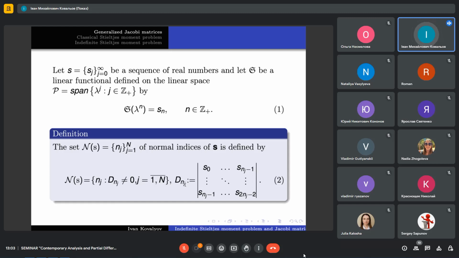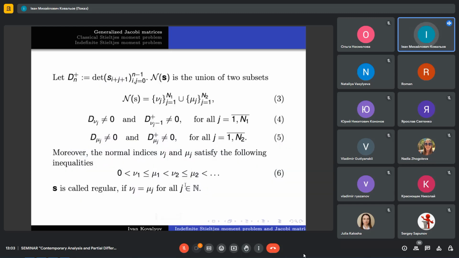In the general case, we have another situation. For example, if s_0 equals 0 and s_1 does not vanish, then the first normal index equals 2. But in the classical case, we have 1.